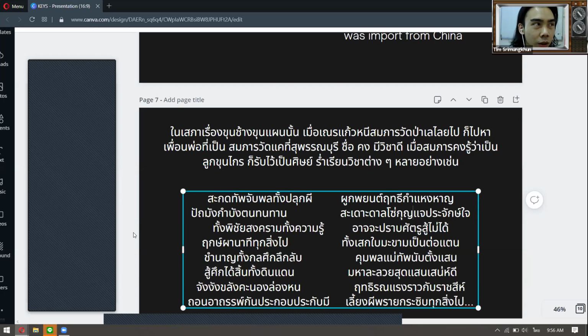Only rich people could have it, because it's so expensive and at that time Thai people did not really have much treasure in their house.